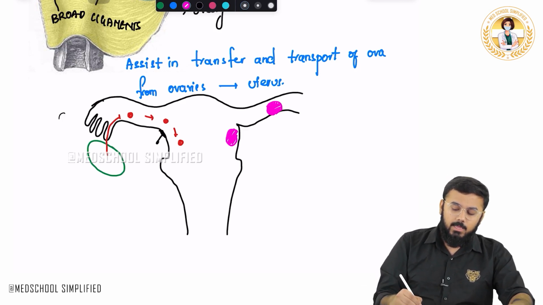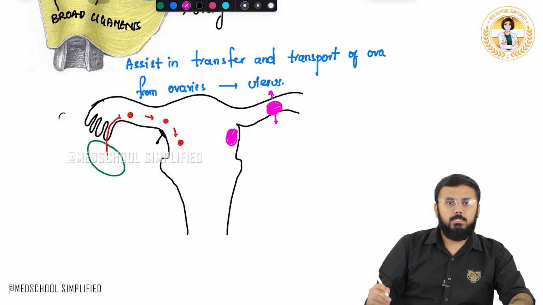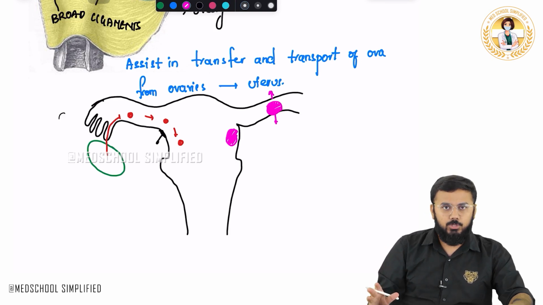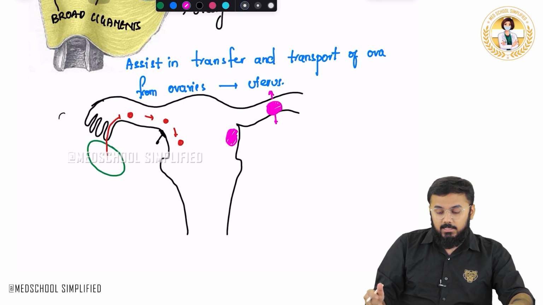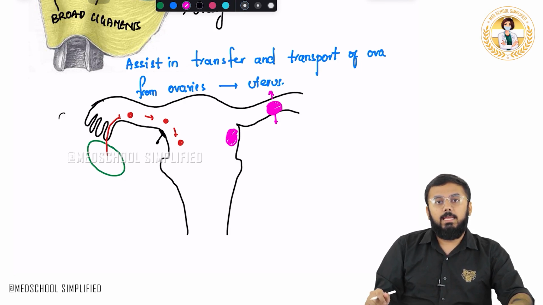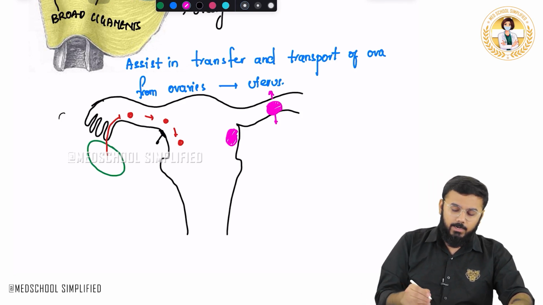So as the baby develops, the fallopian tube will enlarge to a certain extent, and after that will rupture. That is called fallopian tube rupture, and this kind of pregnancy is called ectopic pregnancy. Okay, it is happening other than the normal place. Anything which happens other than the normal place is called ectopic.